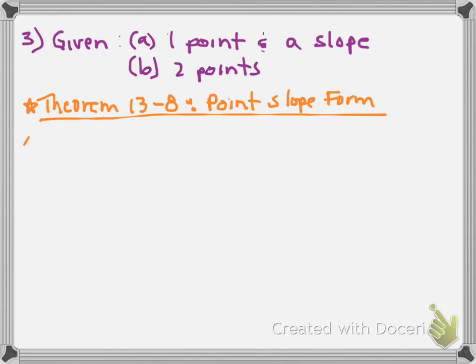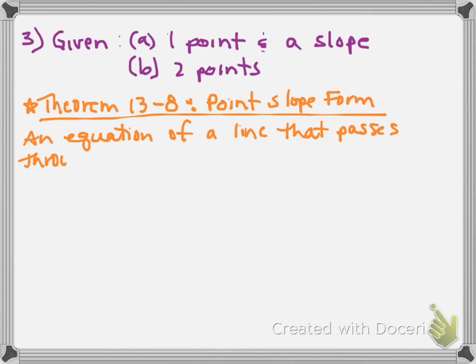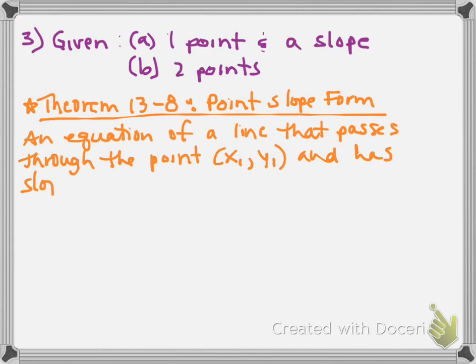Point-slope form is an equation of a line that passes through the point x sub 1, y sub 1, and has slope m.